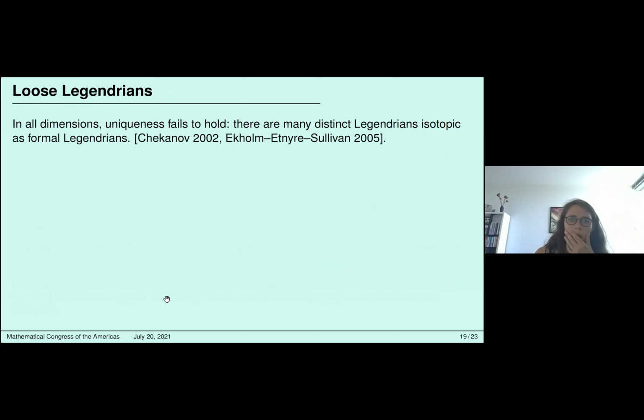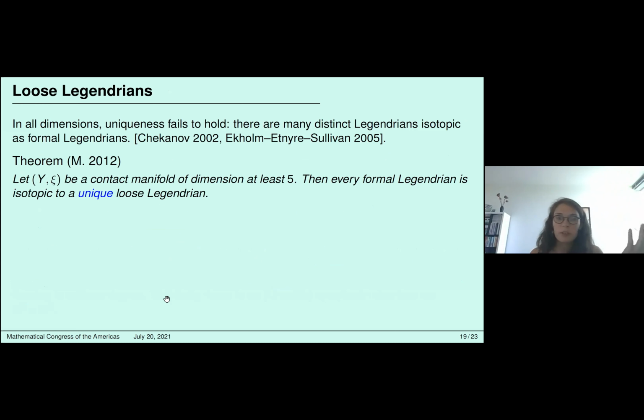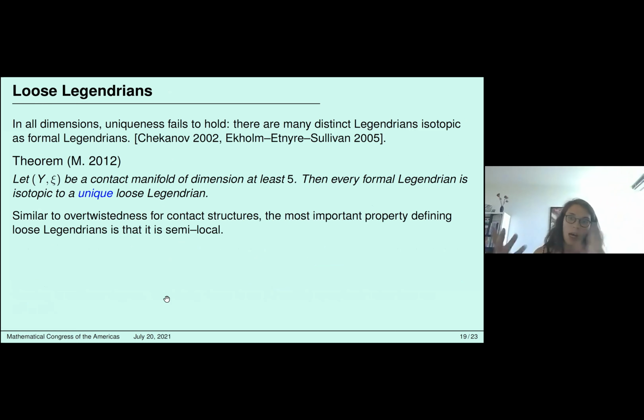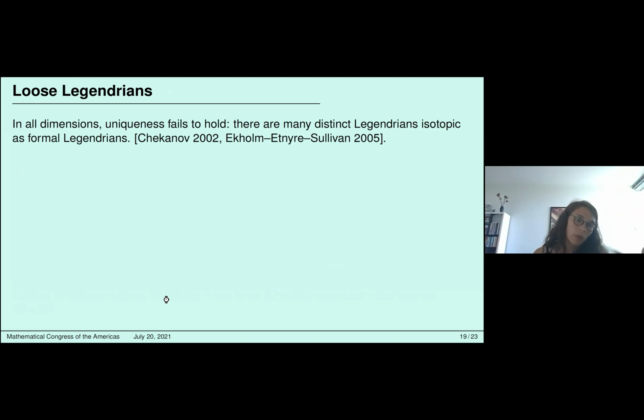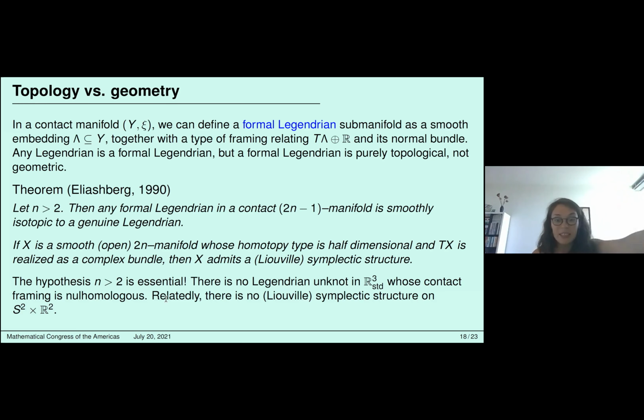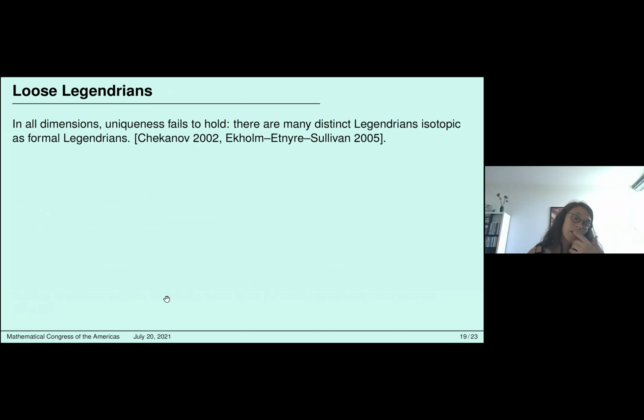Okay, so loose Legendrians, now this is maybe similar to over-twistedness. We have existence of Legendrians, at least in high dimensions, right? Any formal Legendrian is realized by a class, again of any smooth type and inside of any contact manifold. Uniqueness, again, fails.